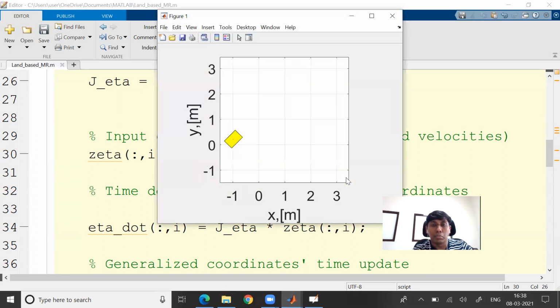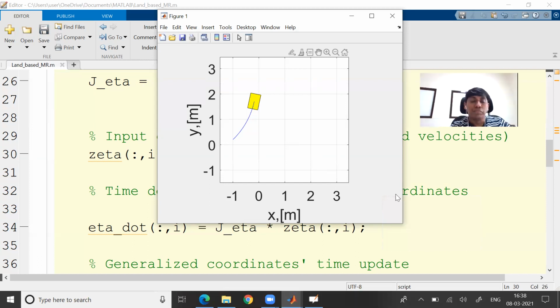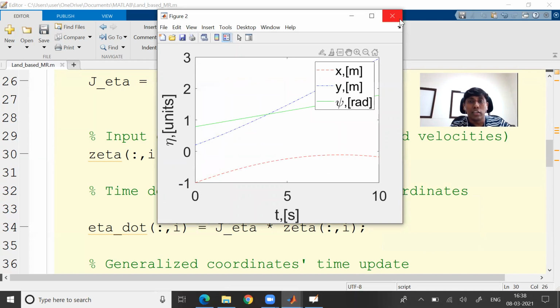At least now it is visible. Yeah, now it is visible, right? Since we have given a very small time, you can see it is happening. If you want a little more time, and you want to see whether it is continuously going or not, you can expand this and do it.